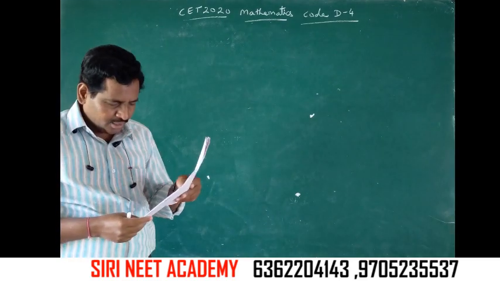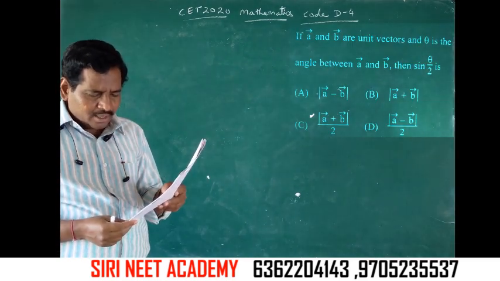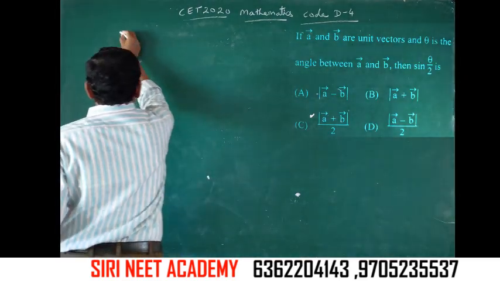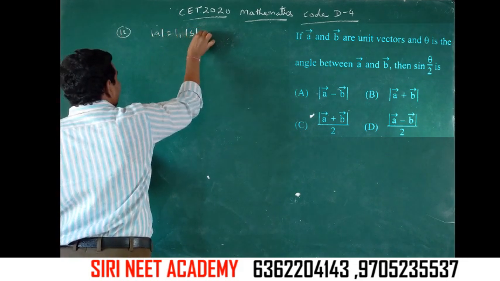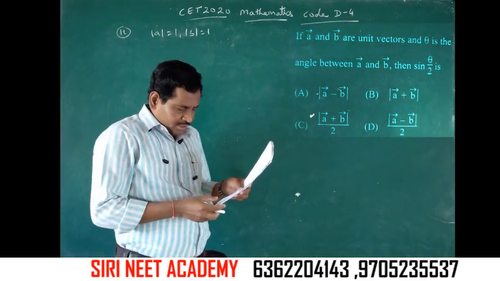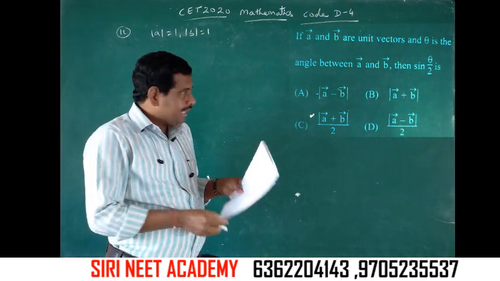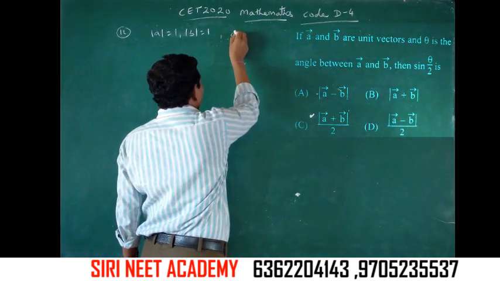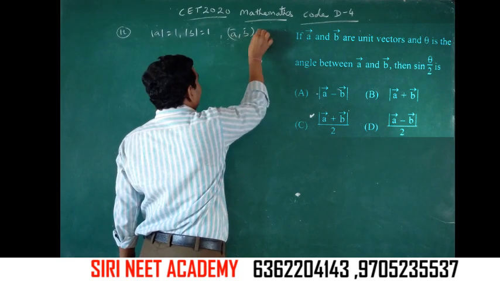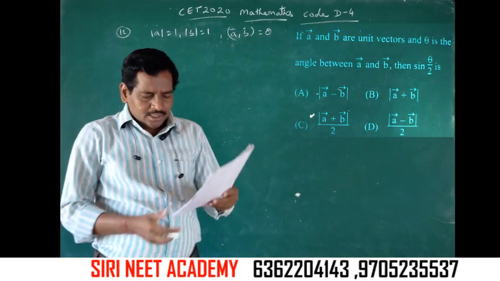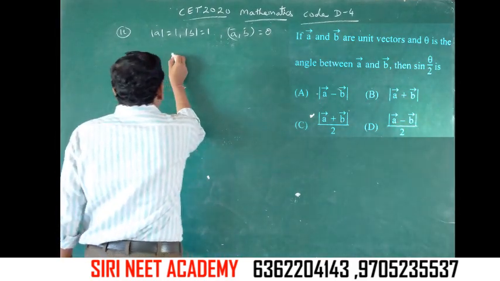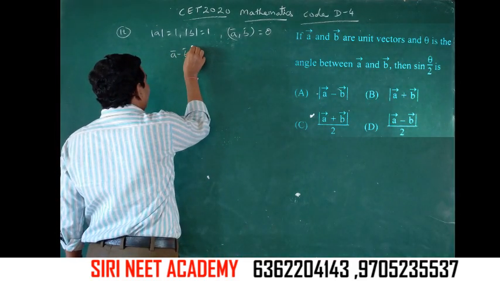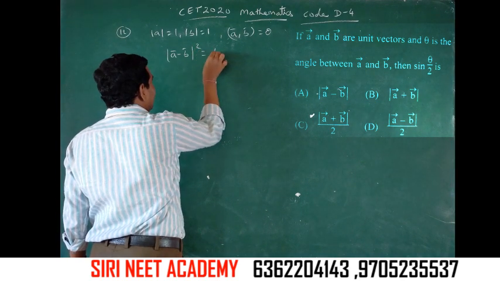Now, question number 12. A bar and B bar are unit vectors, means mod A is equal to 1 and mod B is equal to 1, and theta is the angle between A bar and B bar. Then what is the value of sin theta by 2? Now consider mod A bar minus B bar whole square.